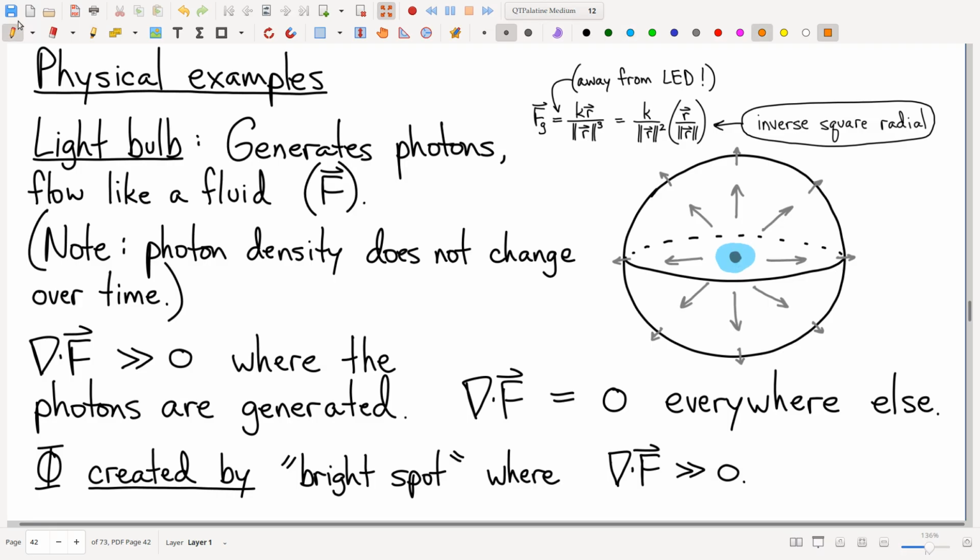And let's think about the boundary. And let's ask the question, what is the flux through that boundary of this little blue region that contains the LED? So keep in mind, flux, vector surface integral, just means flow rate, right? So the fluid is photons. When I say what's the flux, what I mean is what is the flow rate of photons? How many photons per second are passing through that purple surface?